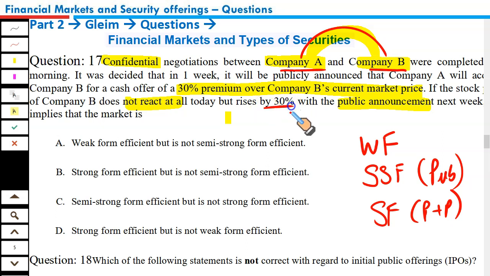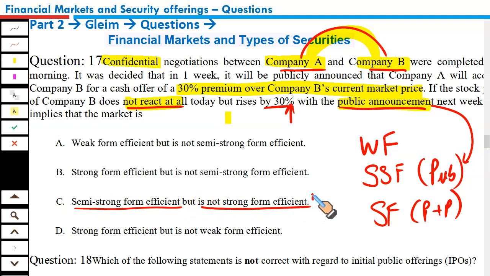That would mean the market is strong form, where private or public information is totally reflected in the share price. But here there was no reaction in the share price, and it only went up when the information was made public. So the share price is influenced only by public information, not private. This means it's semi-strong form efficient but not strong form efficient. So that makes C the correct option.